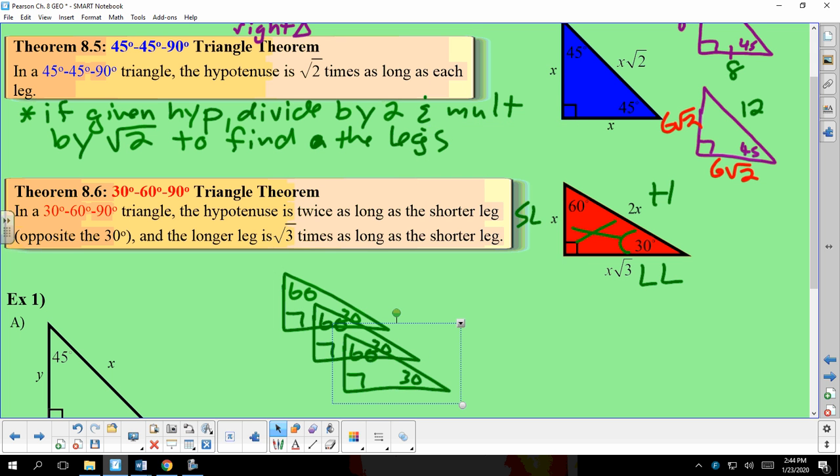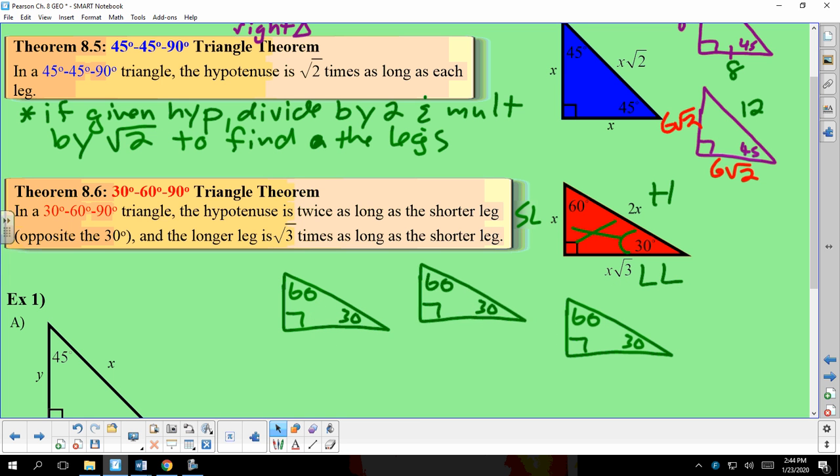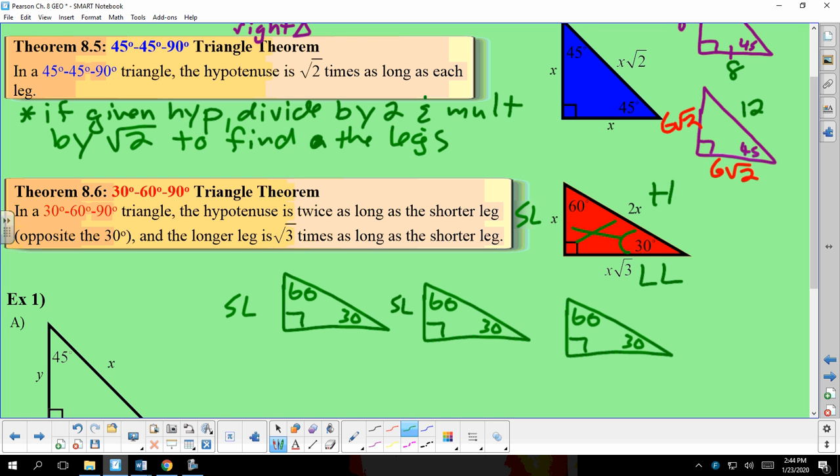So I have my 30, 60, 90 triangles. The very first thing I'm going to do is label our short leg, our long leg, and then our hypotenuse. So let's consider the 3 different situations we can be given. Remember, we're going to be given one side, and we want to be able to solve for the other 2.